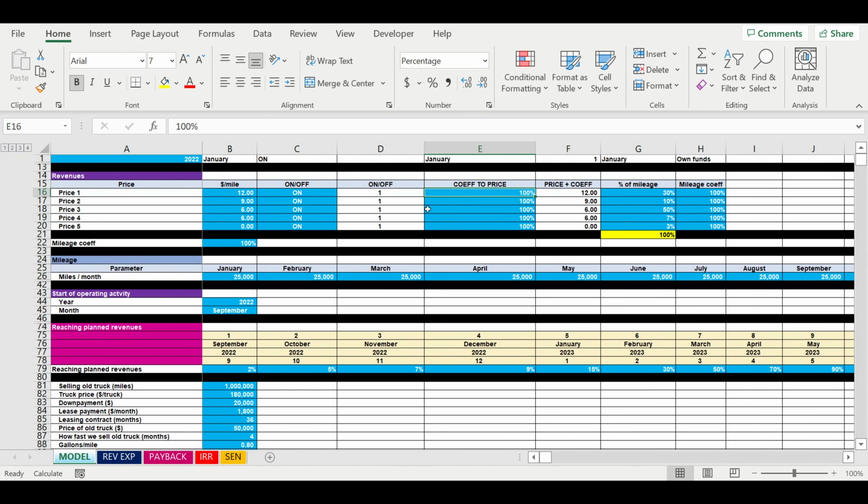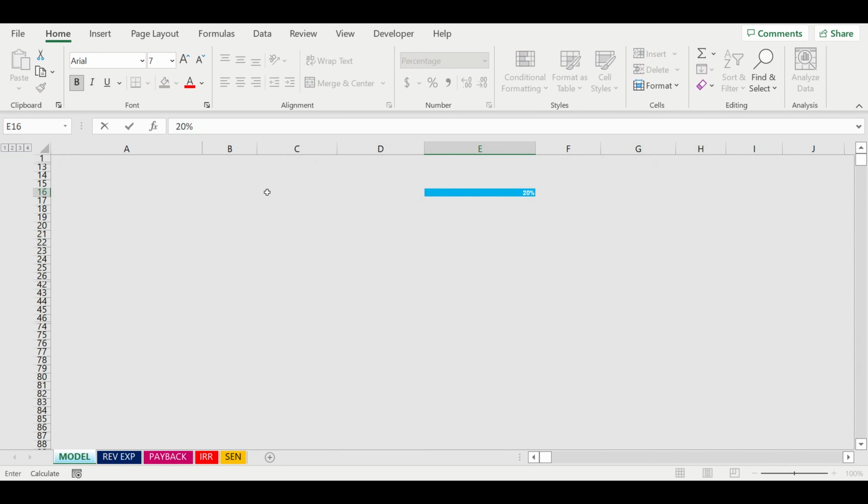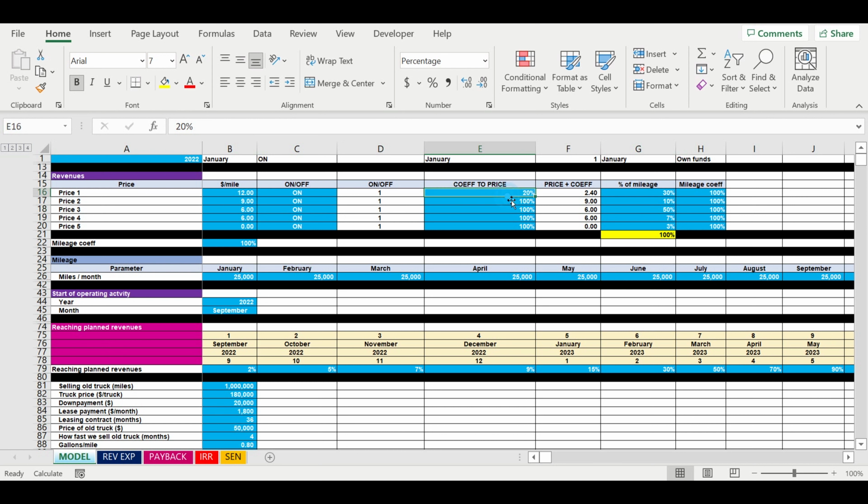We can say that we will take just 20% of this price. We will take 30% of mileage, but we will not take this price, but just 20% of this price. What will happen to financial efficiency?